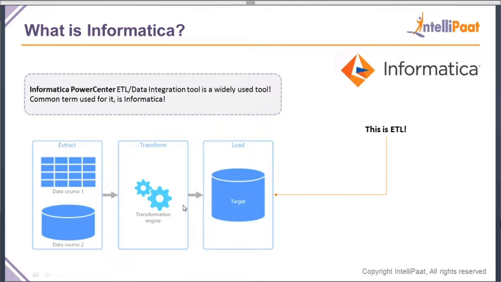So these are the four categories: passive, active, connected, and unconnected. These four are applicable only for transformations, not for source, not for target. Out of all the transformations, a few are passive, a few are active. Similarly, a few are connected, a few are unconnected.